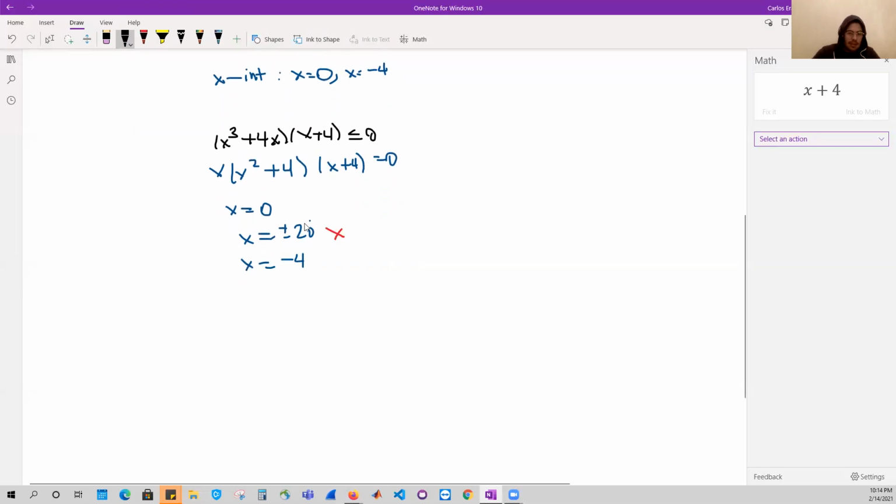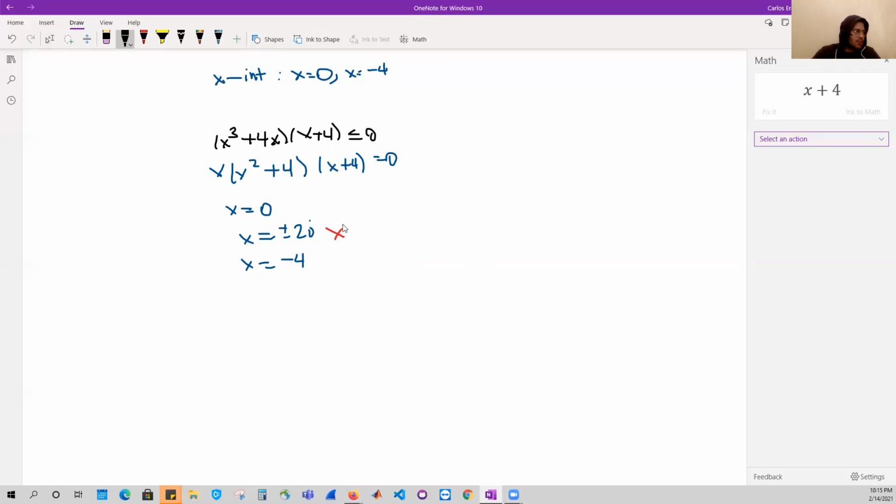The first thing we have to do is check the intervals between the critical points. So we need to test values that are either before the smallest of our roots or above our largest.